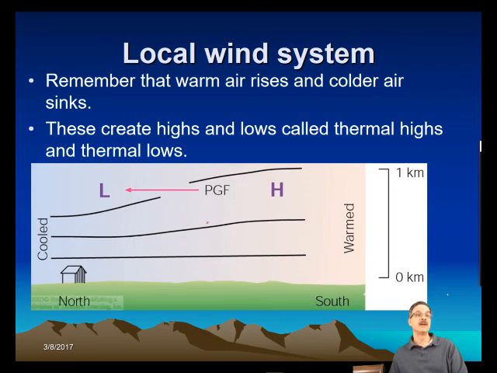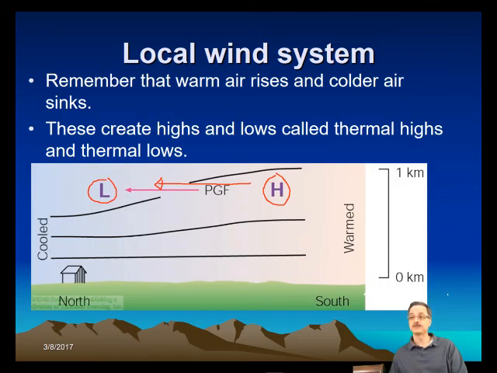Just a reminder that warm air rises and cool air falls, and this helps create what are called thermal highs and lows. Over the warm air, you get an upper level high, and over the cold air, you get an upper level low, and the pressure gradient force is going to blow from the high to the low.